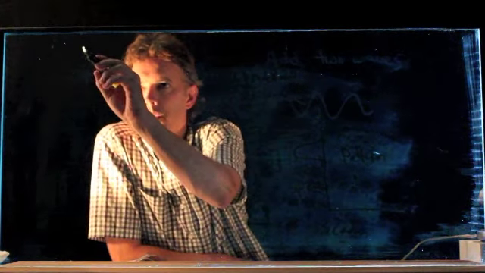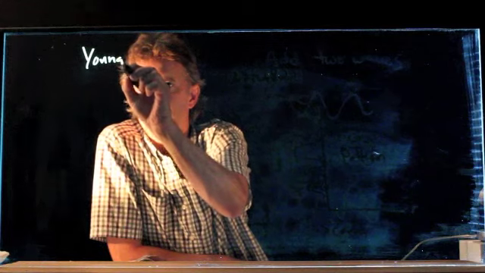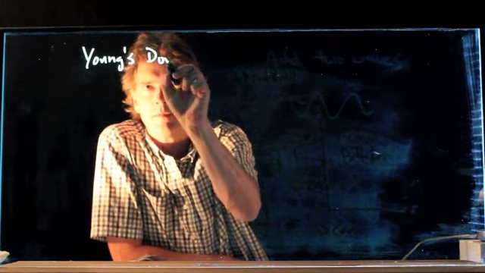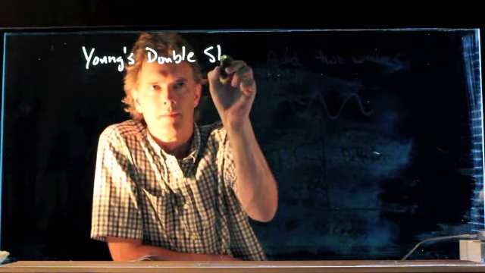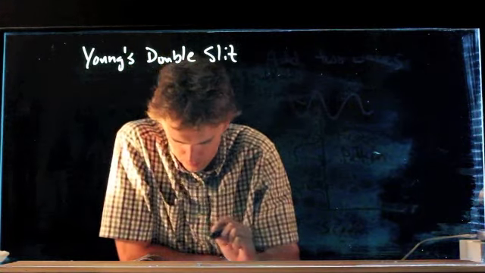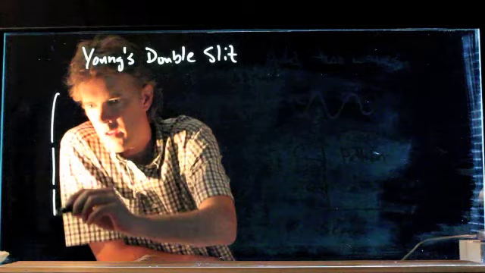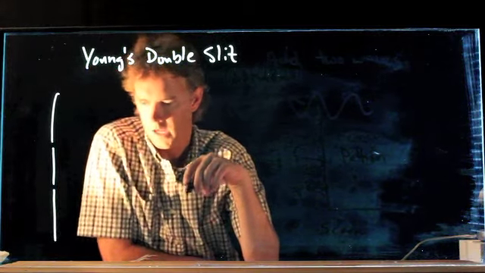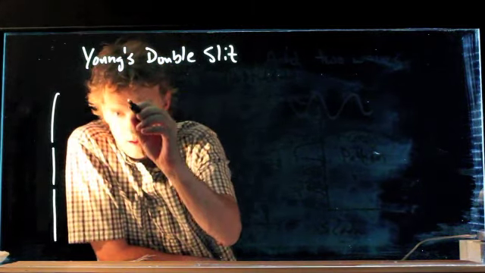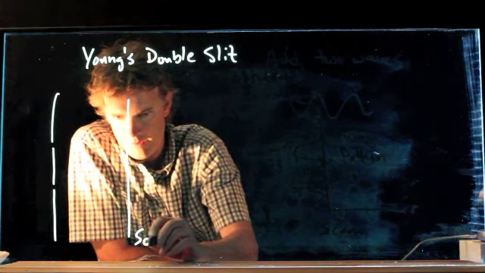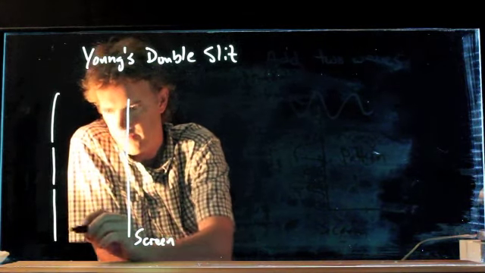Okay, let's look at Young's double slit in a little more detail. So we said that we need a screen that has two holes in it. Okay, there's our double slit. And then we have a viewing screen.